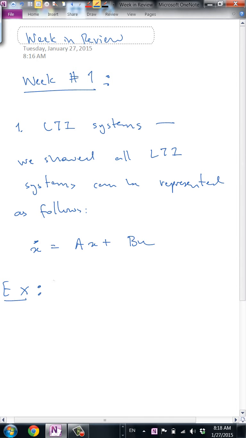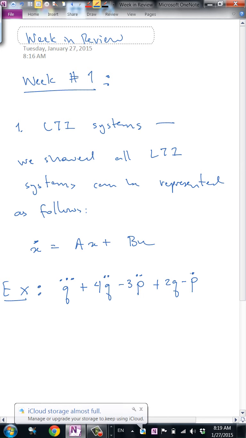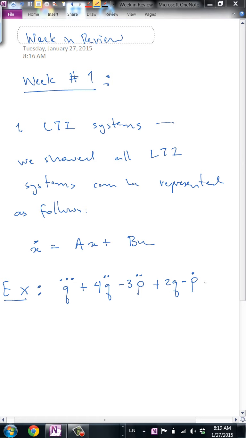So suppose that we have something that looks like q triple dot, just to make it fancy, plus 4q double dot minus 3p double dot plus 2q minus p dot plus 2p is equal to u. u is going to be the input.